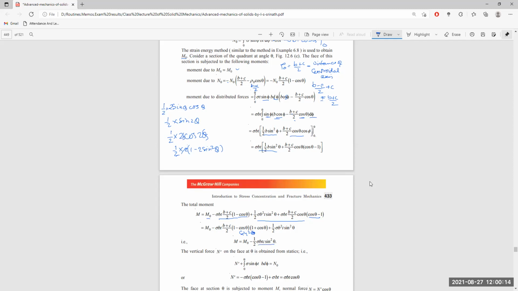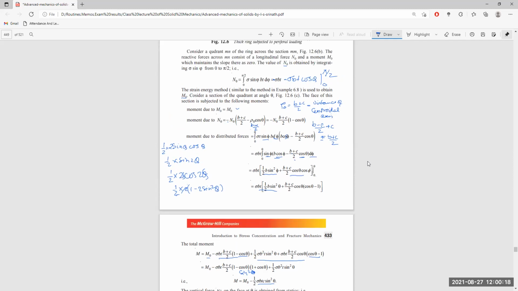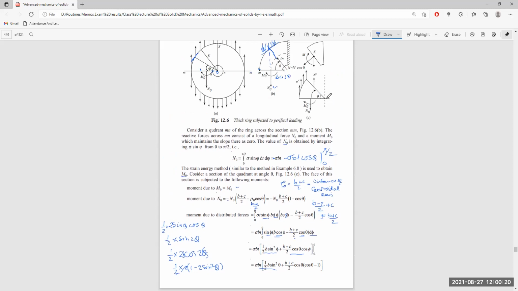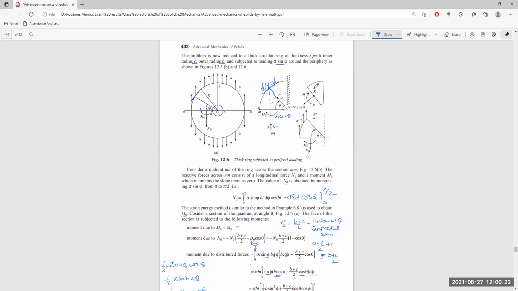Now, what we have here is the vertical load from the other portion of this triangle, the other portion of this quadrant. We have the normal force N here, with normal force N acting here.